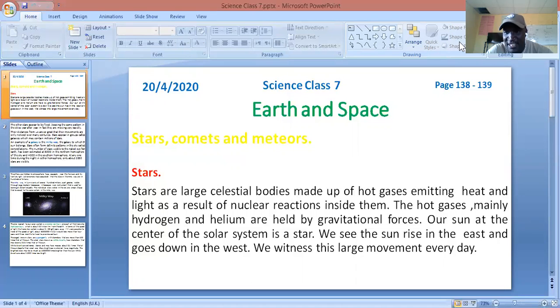We witness this large movement every day. Whenever you get up in the morning, you can always observe the sun rising from the east, and in the evening, it falls in the west.